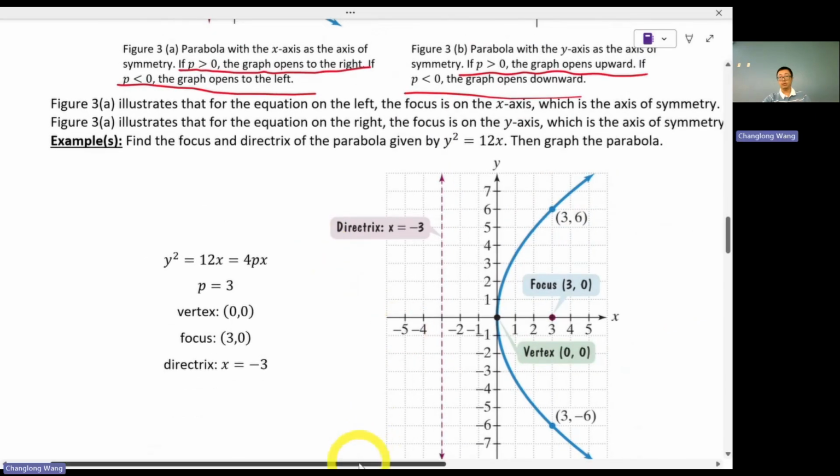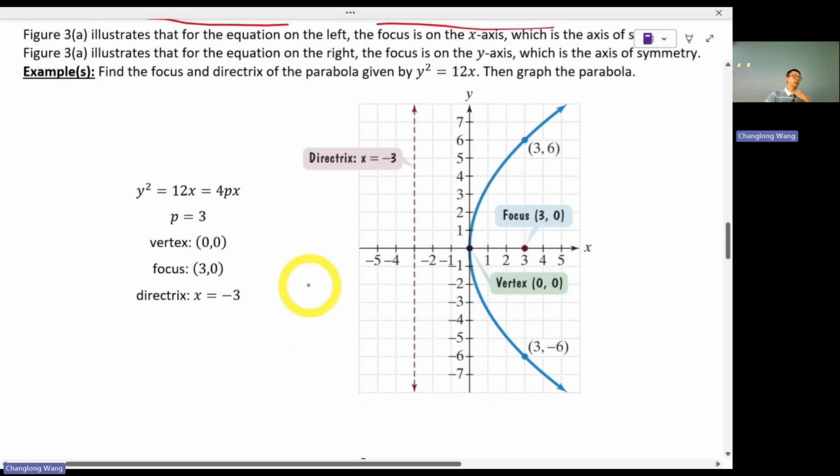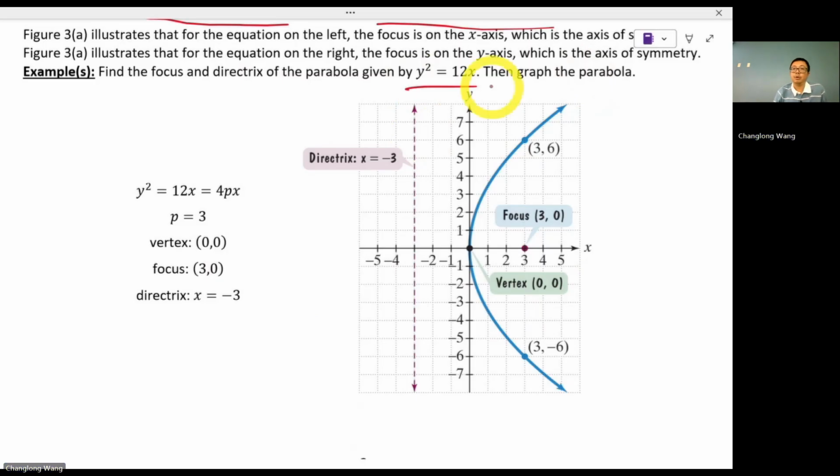I actually did type up these examples. We could have done that, but I don't see the point of doing it, not to mention it's just not worth spending time to go over something that's so straightforward. So you have an equation, y squared equals 12x. Right off the bat, you need to know it's a horizontal opening parabola.